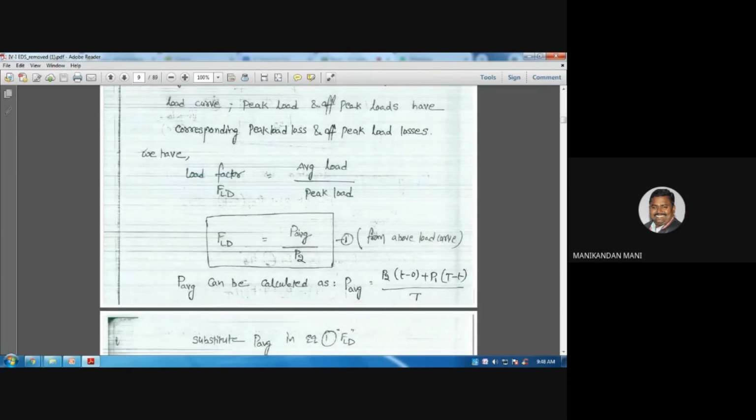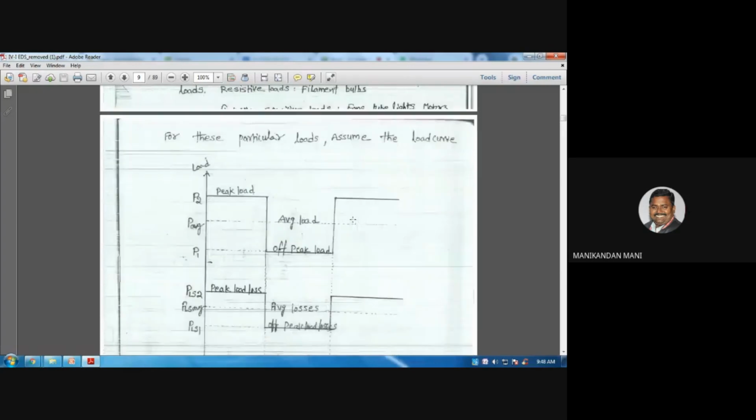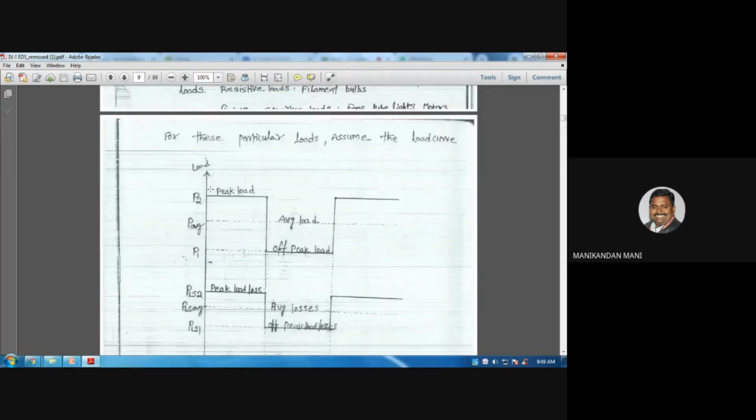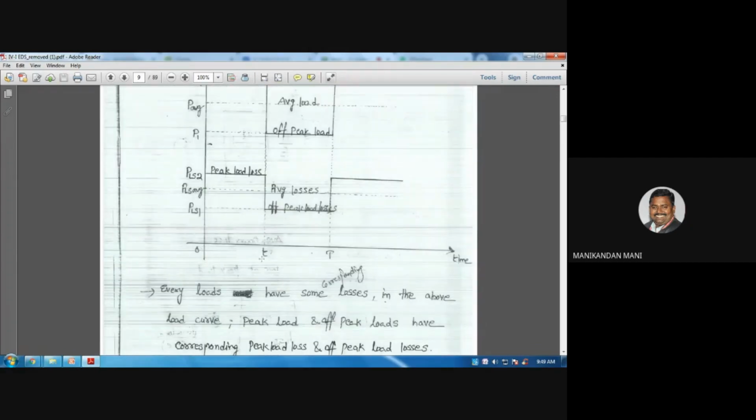So now we need to calculate the average. How to calculate the average load? We add P1 and P2, weighted by the time interval. So for P2, the time taken, the maximum time is capital T, small t, and the initial time is 0.